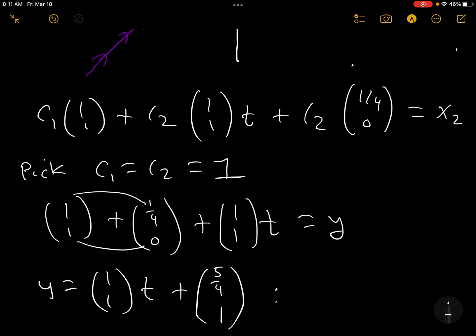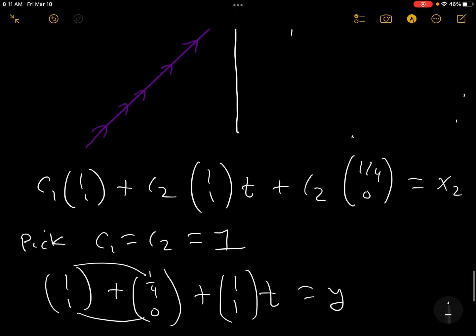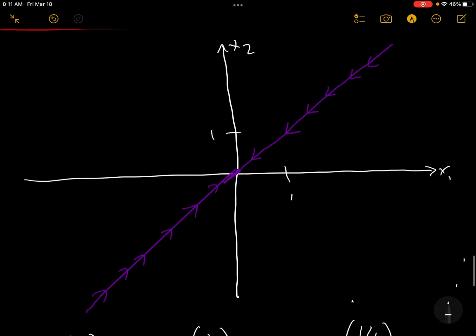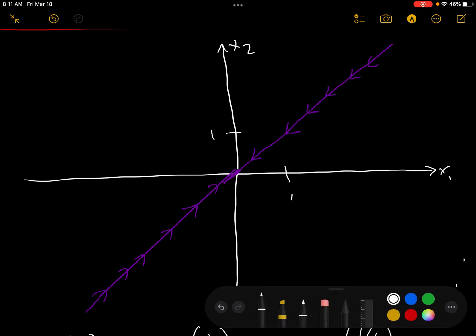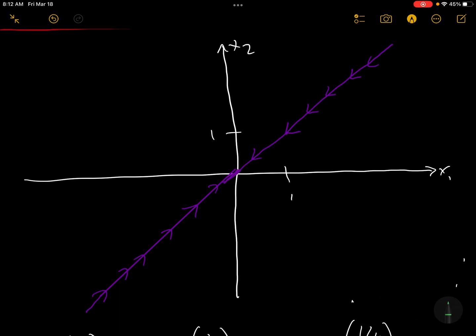Okay, so here's what you do. You set this thing in motion. Let t equal 0, and I get the point (5/4, 1). Put this in green. That didn't get me far enough away.